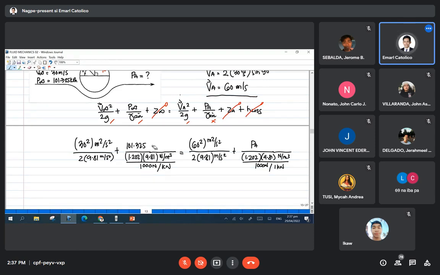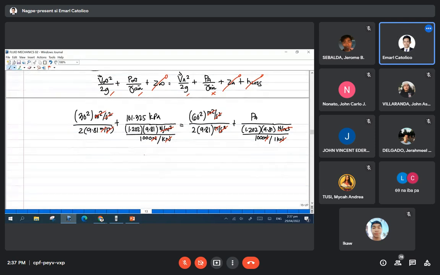So actually, kahit lagay natin to in terms of kPa, kasi makakancel naman to. Newton meter squared, Newton per cubic meter, kilonewton, tsaka Newton. Ito naman, makakancel lang din. So, kilopascal yung unit na lalabas.